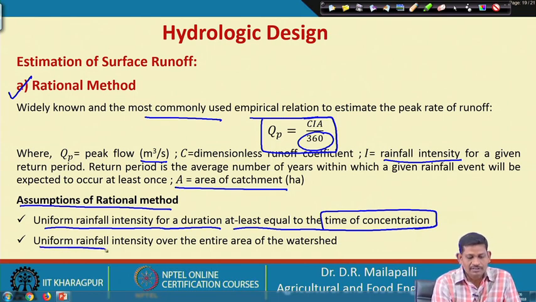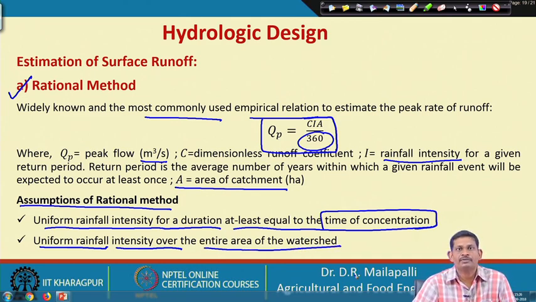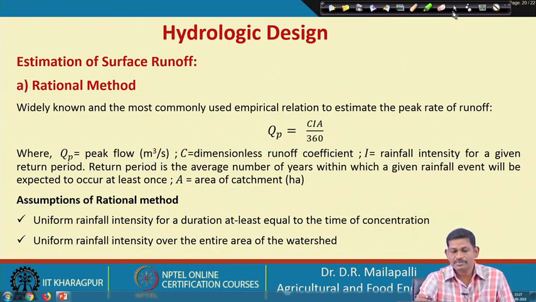The second assumption is that the rainfall intensity is uniform throughout the watershed. These two basic assumptions we need to consider in the rational method.